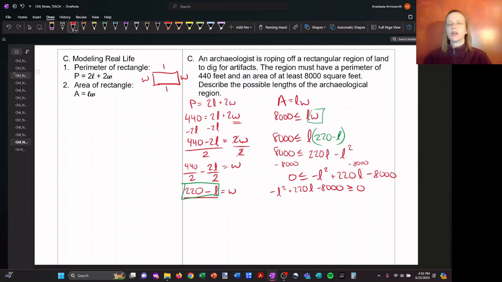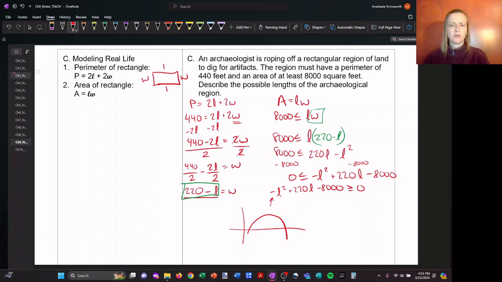Here with these large numbers, I do not want to try to factor this. I'm just going to use the quadratic formula. Or I could just plug this in on a graphing calculator, even better, and then use the trace function to find intercepts. Now, notice because my a term is negative, I am going to have a sad parabola, a concave down parabola.